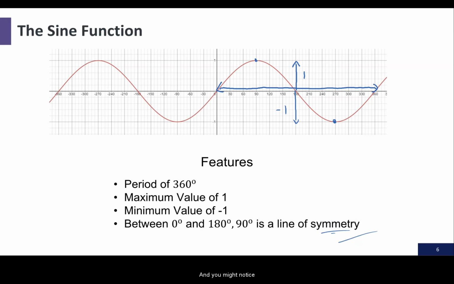And you might notice that between 0 and 180, this 90-degree line here is a line of symmetry, as is this 270-degree line here, and with this line, and with this line here.